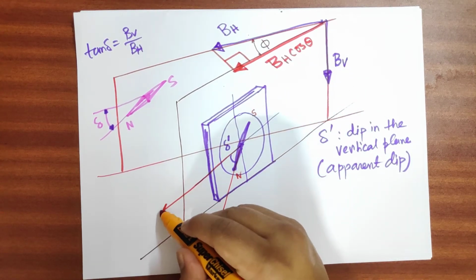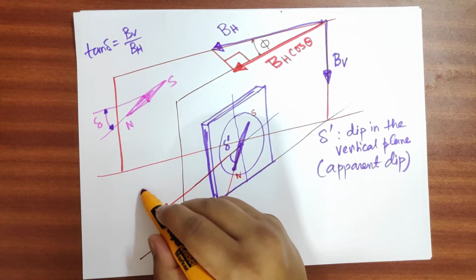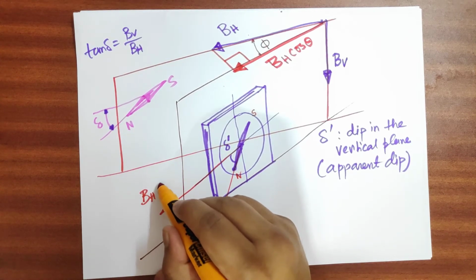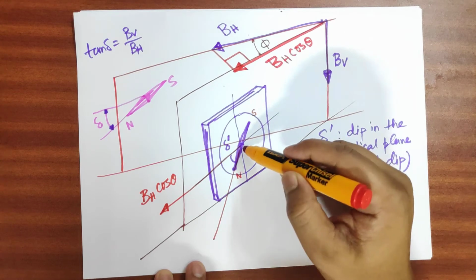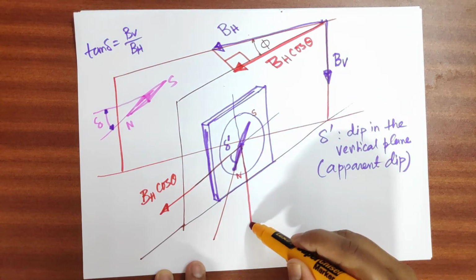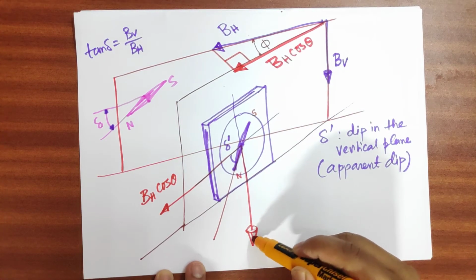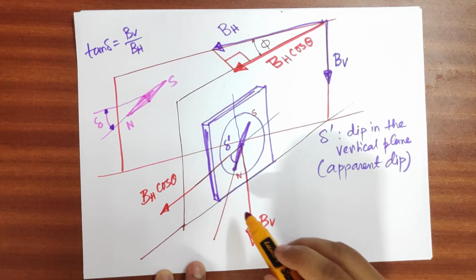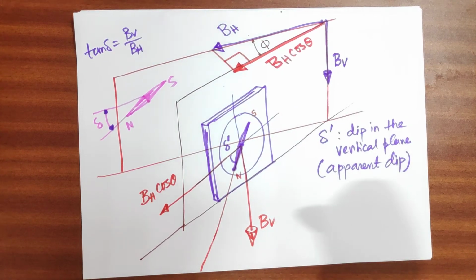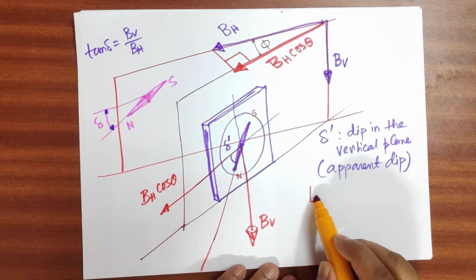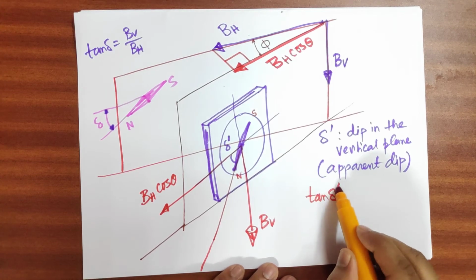So this happens to be the direction of the horizontal component, BH cos theta, and this happens to be the vertical component, that's BV, and this is the resultant. So what is the dip delta dash?